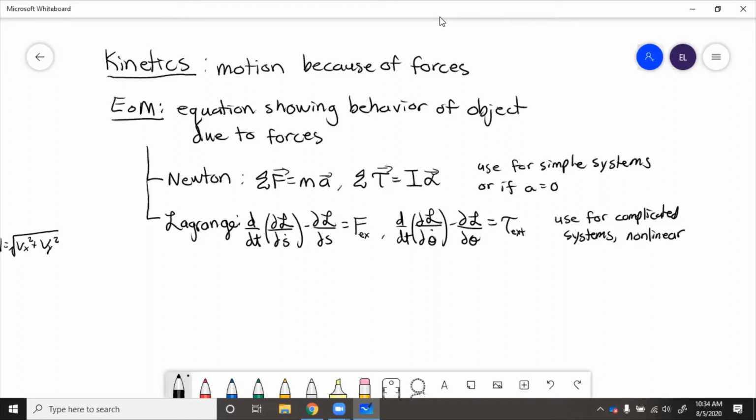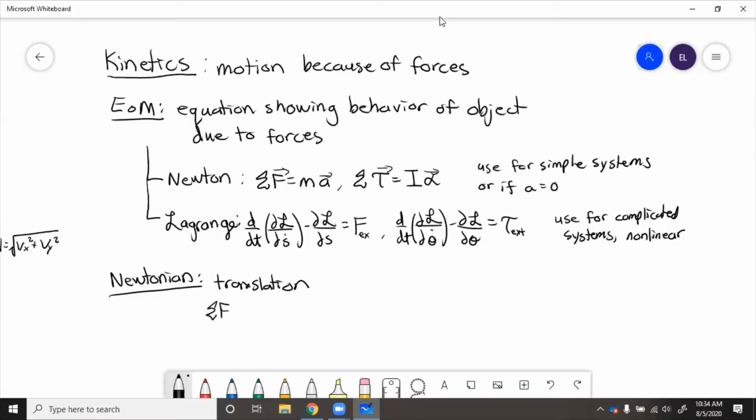Now in Newtonian kinetics, for translation, we said sum of the forces equals mass times acceleration, but really, because it's a vector, we have to split it up into 3 directions.